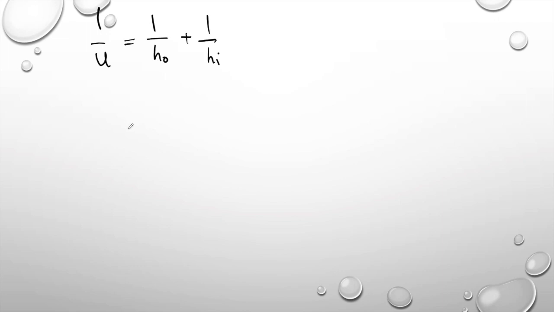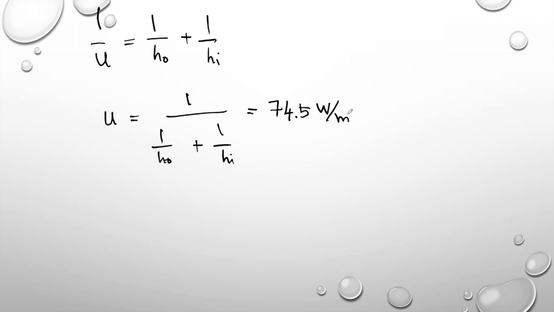So you will rearrange, U is equal to 1 over h out plus 1 over hI. So substitute the value, you will get the value for the overall heat transfer coefficient is 74.5 watt per meter square dot Kelvin.